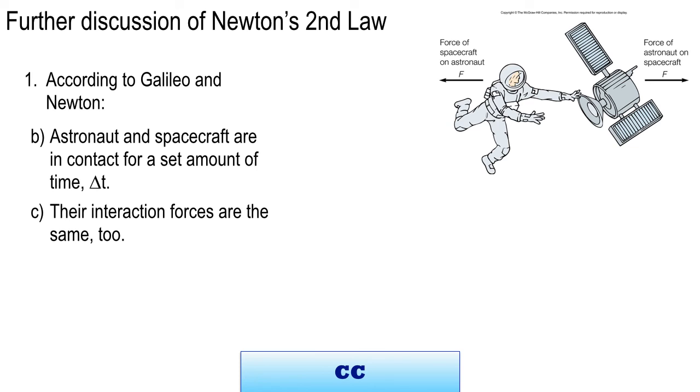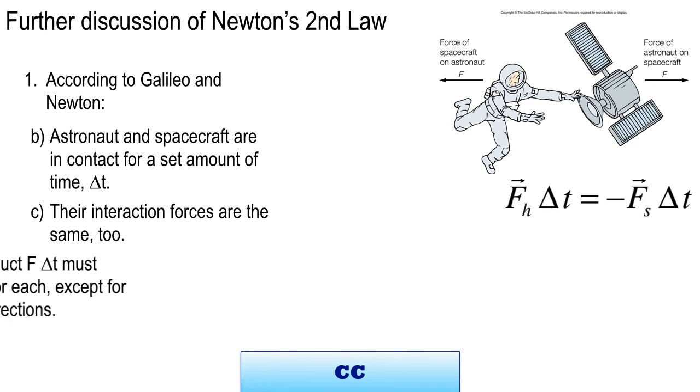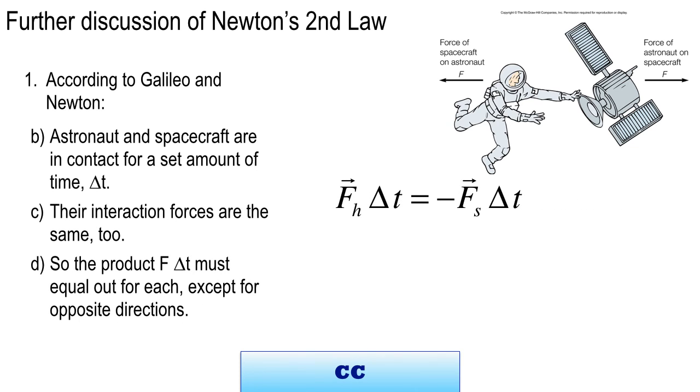And because that is true, the product of interaction force times interaction time must be equal if you include the minus signs. Okay, so here's a vector statement. The force on the human times the interaction time, delta t, is equal to the force on the satellite, reverse the direction, the minus sign, times the interaction time, delta t.